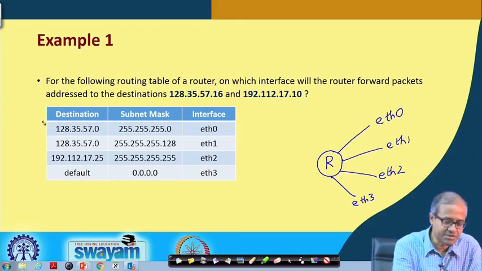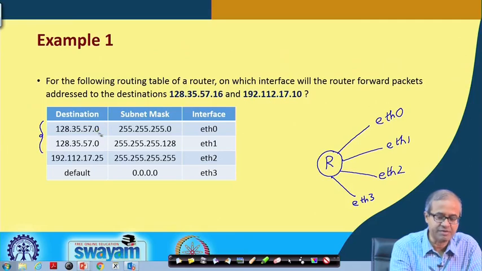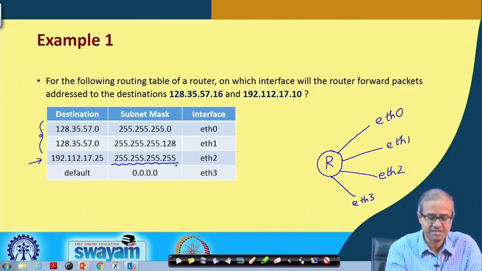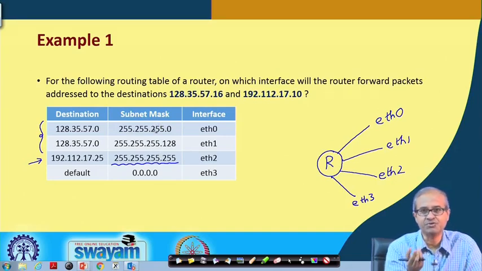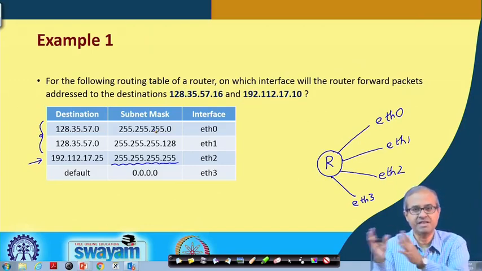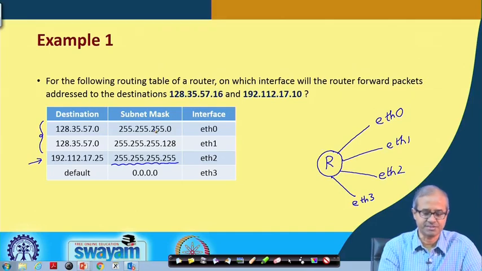The first 2 entries refer to network addresses, they end with .0, but the last one is a host specific address. Because it is a host specific address, I am using all bits to check. Subnet mask is all ones, but for the others the subnet mask will tell you how many bits in the address I have to check for the network address, and the last bits will be for the host address.